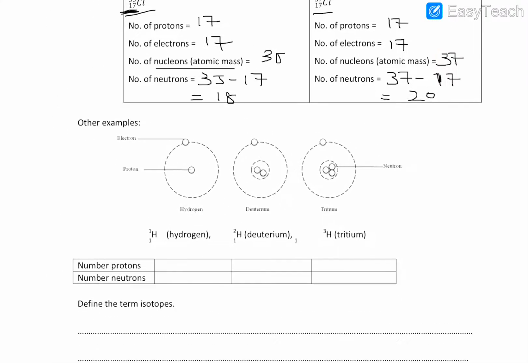Another example is hydrogen 1, hydrogen 2 and hydrogen 3: hydrogen, deuterium and tritium. Hydrogen, H 1 1, number of protons is 1, number of neutrons is 1 minus 1, that's 0.